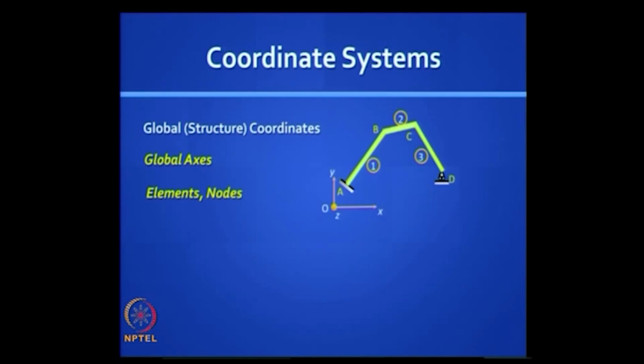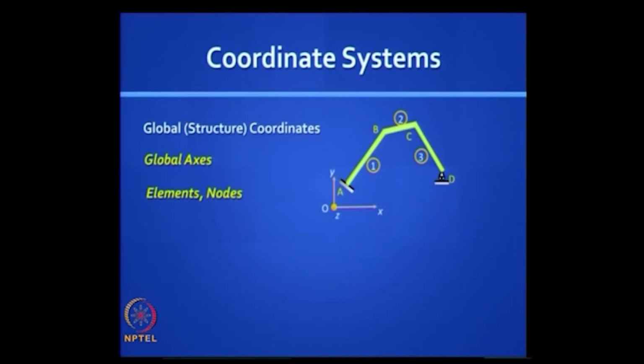But if you move consistently from left to right and from below to above, then A to B is the incidence defining element 1, B to C is element 2 and C to D is element 3. So I need to do all this. I need to first locate A, B, C and D, and identify elements and their start node and finish node.